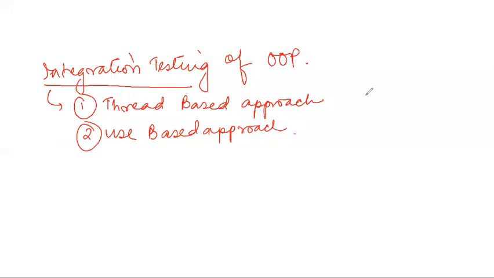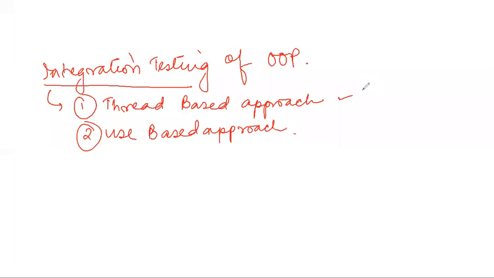Now, what is this thread-based approach? In this approach, all the classes that need to collaborate with each other in order to realize the behavior of a single use case are integrated and tested.